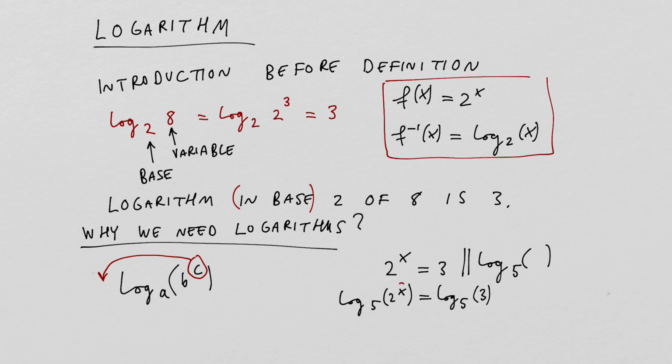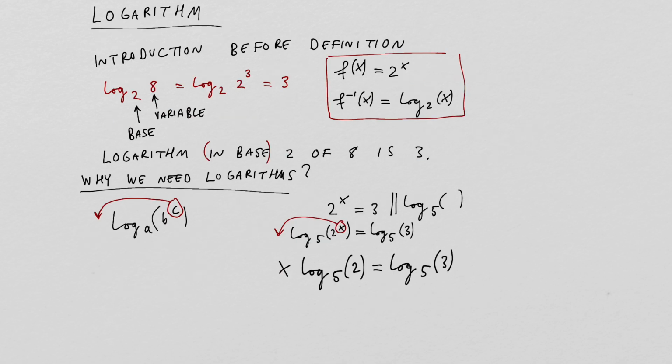Now we can take the power x out from here to obtain this equation, and now dividing by the logarithm 5 of 2 we get that x is this number.